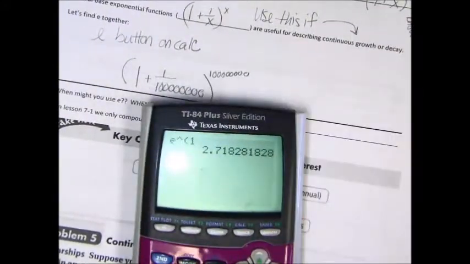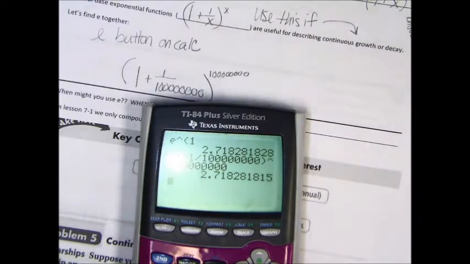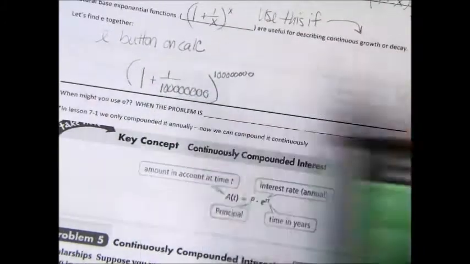You ready? So if you do 1 plus 1 over that, to the power, notice how close that number is. Alright, and the larger the number you get, the more accurate you're going to be. Okay, so if you never had that e button, you could just plug in a super, super big number into this little equation and get e out.